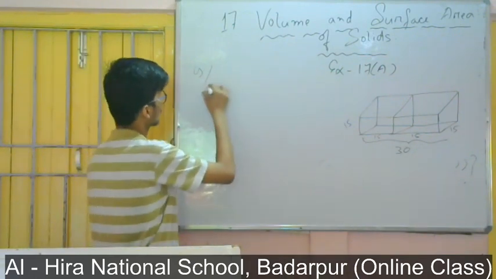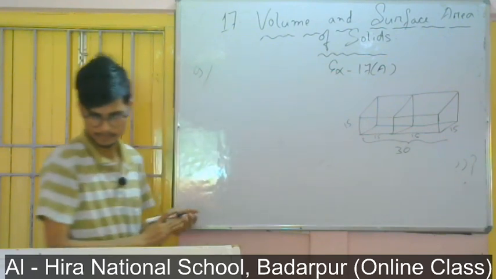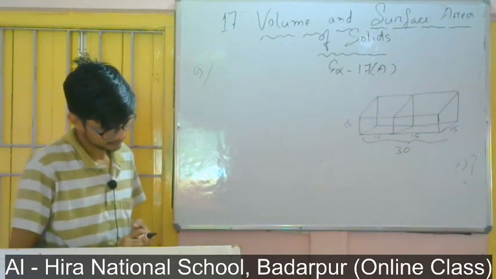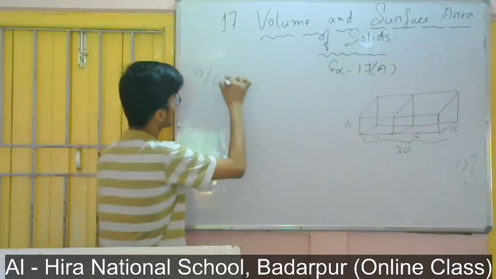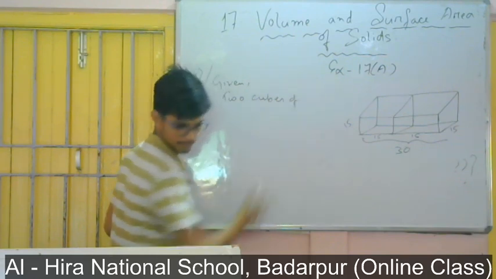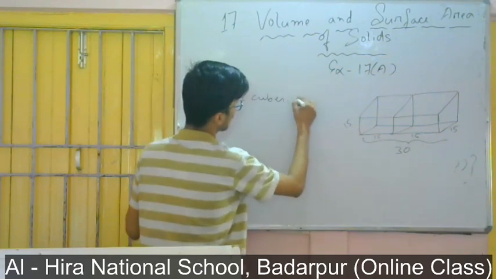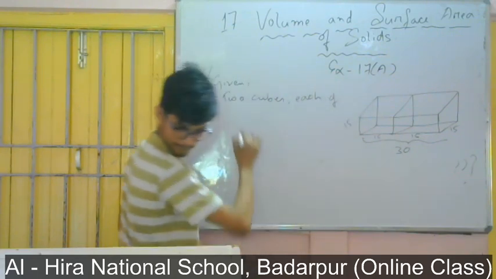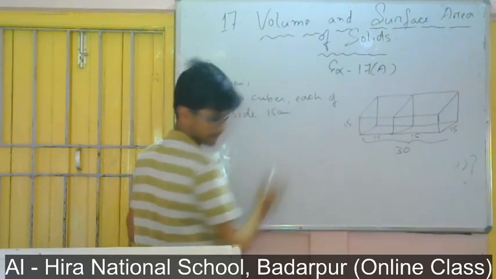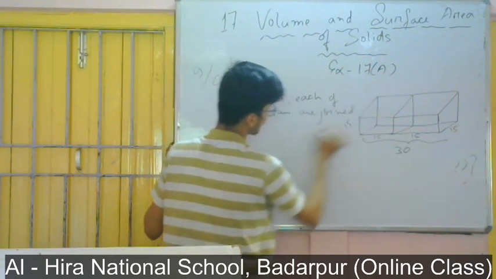Question number 9, now you write one more line. Write like this, given 2 cubes each of side 15 centimeter are joined end to end.